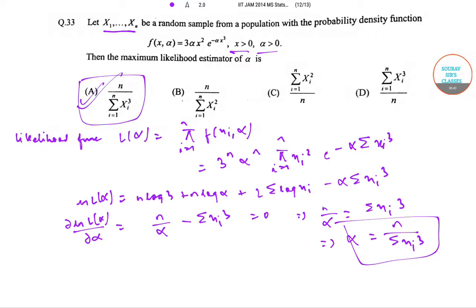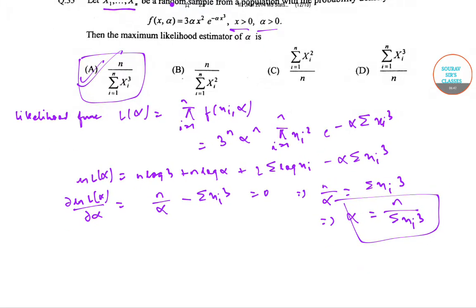Now for competitive exams, you can leave it up to this, but it is always a good habit to cross-check and see that the double derivative is less than 0, which confirms that it is a maximum.